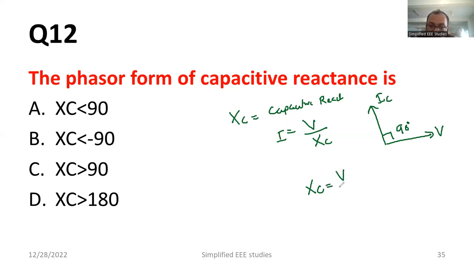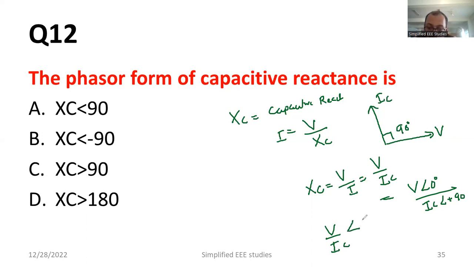XC means V by I, that means V by IC. Here the voltage has no phase shift, so let us take 0 degree divided by IC angle plus 90 degree, because current is leading.